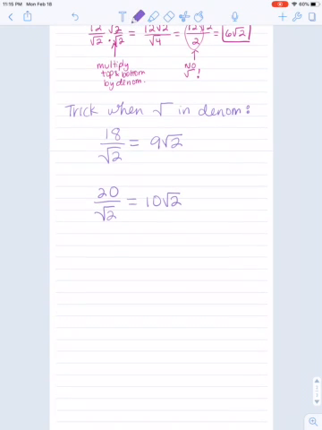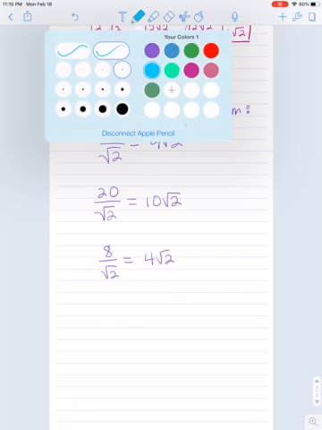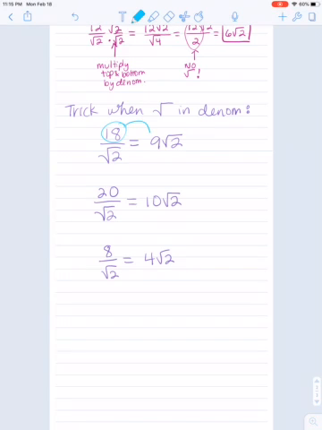One more. If you have an 8 on the top and the square root of 2 is in the bottom, guess what it is? 4 square root of 2. So what's the pattern here? You're going to take the number on the top, divide it by 2, and then you just stick this square root of 2 next to it. Boom, boom, boom. 20 divided by 2 is 10. Stick on that square root of 2. 8 divided by 2 is 4. Stick on that square root of 2.